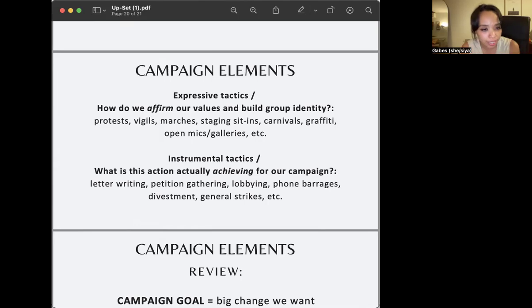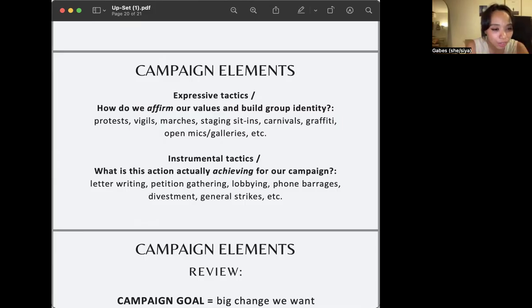These are actions that aim to achieve measurable goals. These instrumental tactics are, again, instrumental to our goal. These are often the less sexy parts of solidarity movements because they will include a lot of spreadsheets, a lot of phone calls or video chats, a lot of tedious tasks like emailing, revising email templates, more meetings.